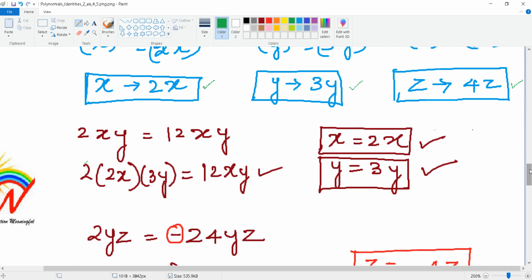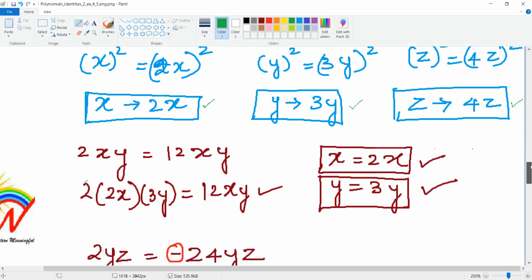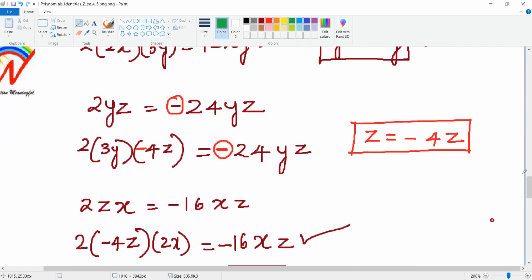Now we will look at the next one, 2yz. 2yz is supposed to be equal to minus 24yz. If you separately write it, 2 could be written as 2, y is written as 3y and z is written as 4z, because we wrote z as 4z over here, correct? So if I write 4z, I will actually be getting 24yz. But the question has got a minus sign over here.